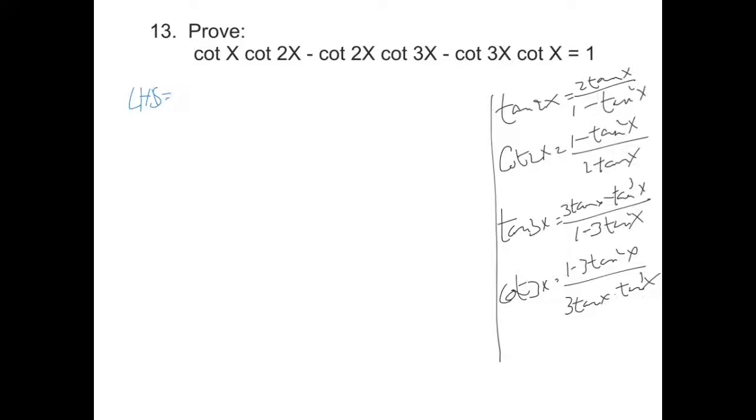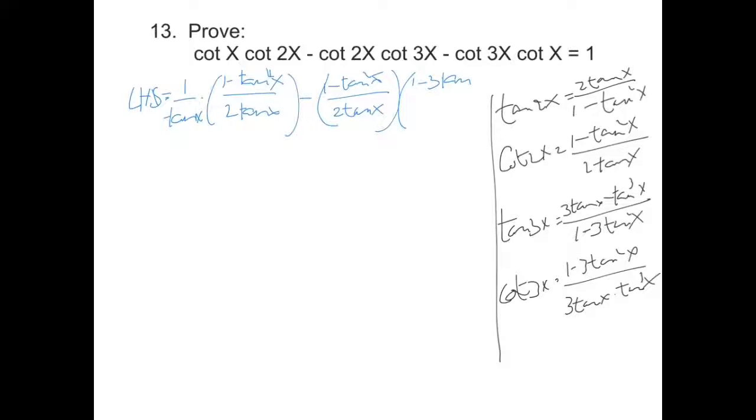So now LHS here is equal to cot x, which we'll write as 1 by tan x, multiplied by cot 2x, which is 1 minus tan squared x divided by 2 times tan x, minus cot 2x, which is again 1 minus tan squared x divided by 2 tan x, multiplied by cot 3x, which is 1 minus 3 tan squared x divided by 3 tan x minus tan cube x.